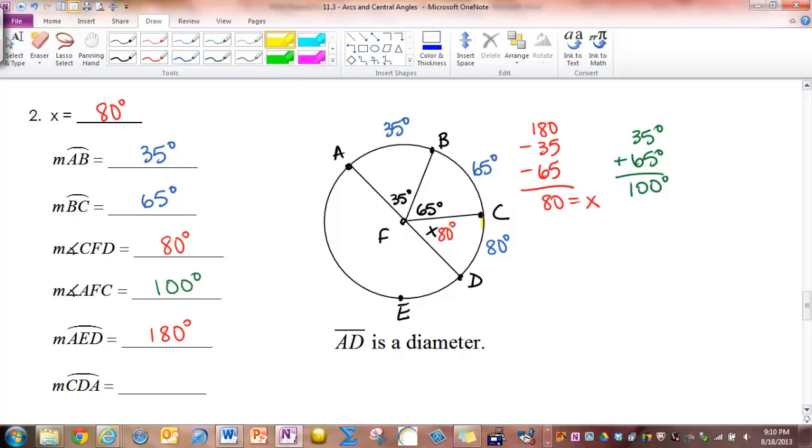CDA is going to be right here, starting at C, going through D, and ending up at A. So I can find this by saying, well, arc CD has measure 80 degrees, and the rest of the yellow arc is a semicircle, and it has measure 180 degrees. So 80 plus 180 is 260 degrees. So that's the measure of arc CDA.